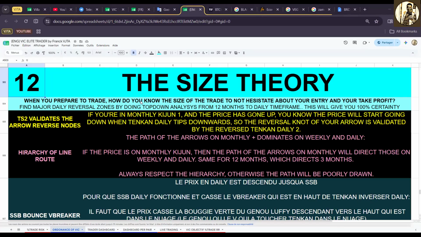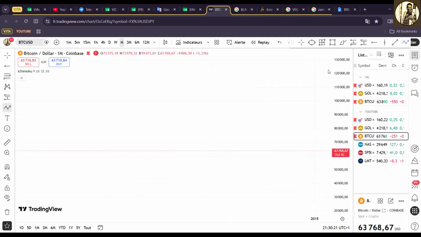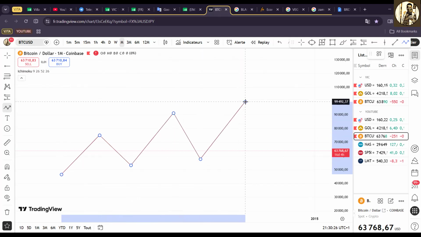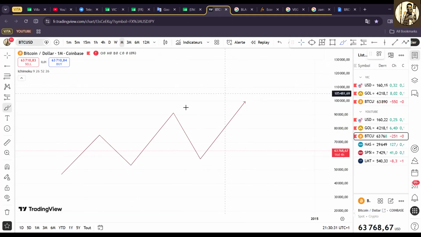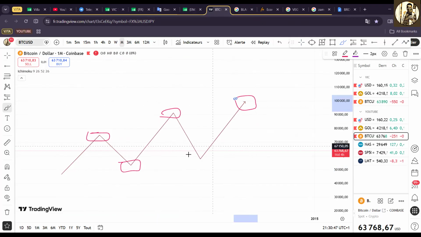So first of all, you need to know that the size theory, as I said, uses arrows, right? And inside those arrows, the arrows turn where there are zones like this, even here, when there are zones, okay?